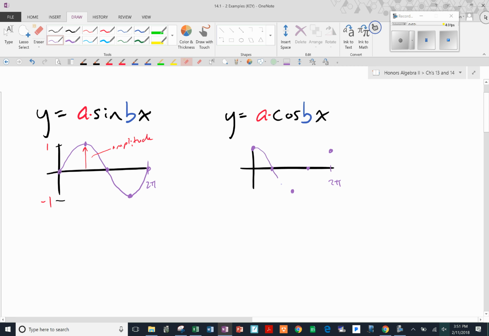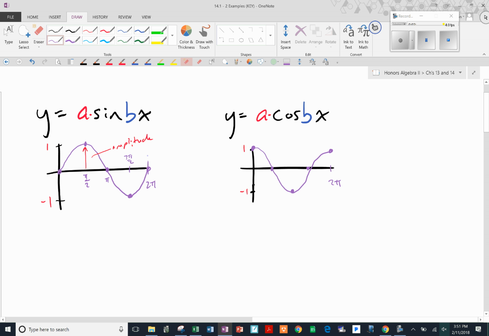So one cycle of the cosine function will look like this. And again, it has a maximum of 1 and a minimum of -1. When we split that period up, if a and b are 1, obviously we'd have pi over 2, and then 3 pi over 2, and that would be the same in the other graph.